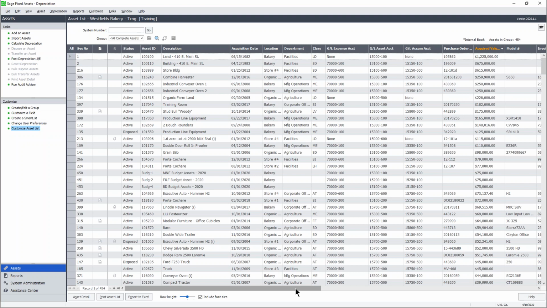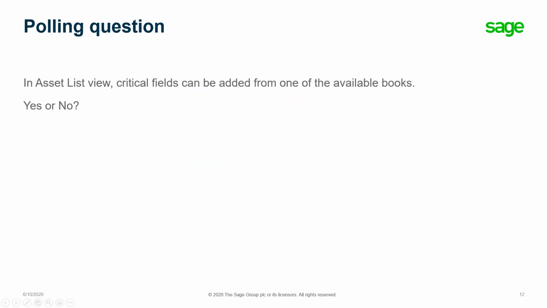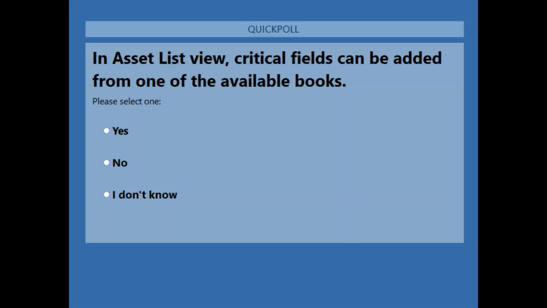Let me go back to our last polling question for you. And here it is. Bob's going to bring this up for you. So in the asset list view, critical book fields can be added from one of the available books. Yes or no? The poll is now open. Okay, thanks, Bob.